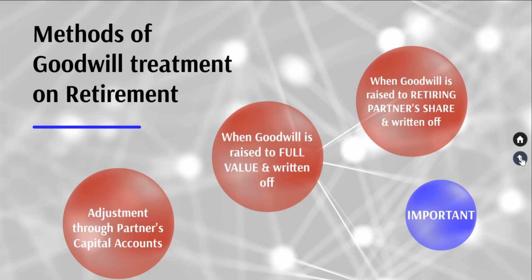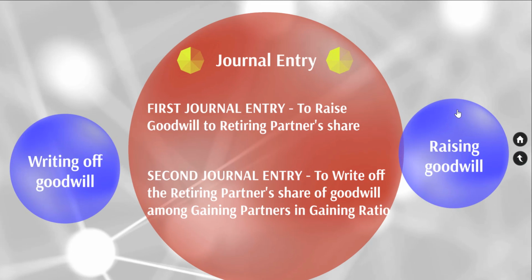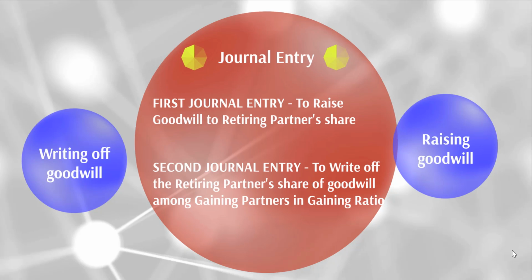Third method, when goodwill is raised to retiring partner's share and then written off. Here the first journal entry is to raise goodwill to retiring partner's share, and the second journal entry is to write off the retiring partner's share of goodwill among the gaining partners in their gaining ratio.